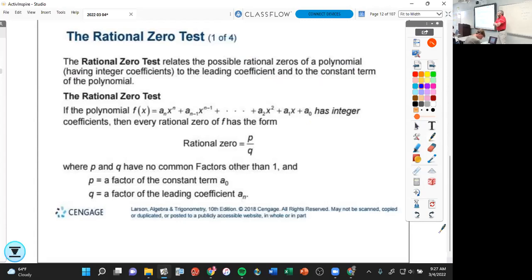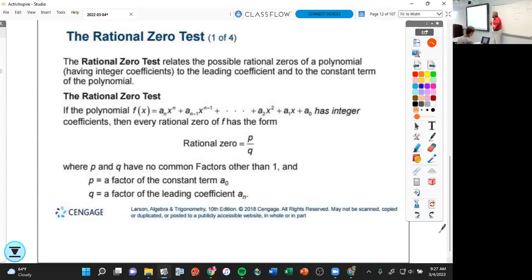So to find these zeros, what we're going to end up doing is choose a number and use synthetic division and divide and see if we get 0 as a remainder. How many numbers can you choose from? We could choose positive numbers. We could choose negative numbers. We could use fractions, positive fractions, negative fractions.